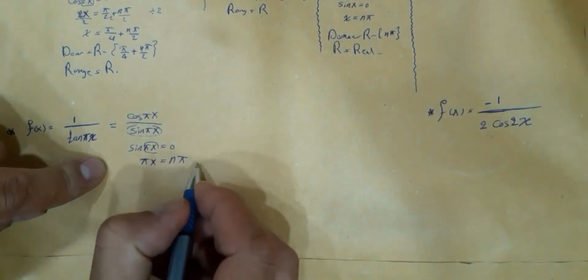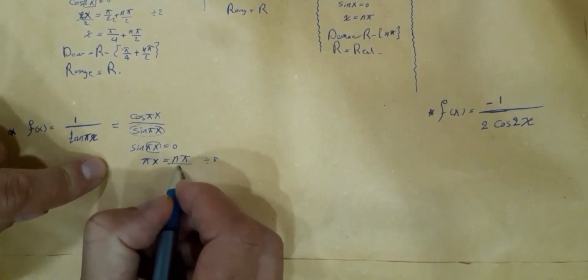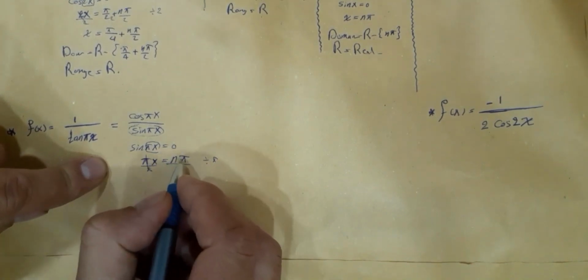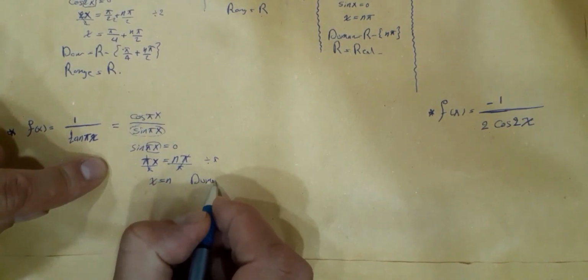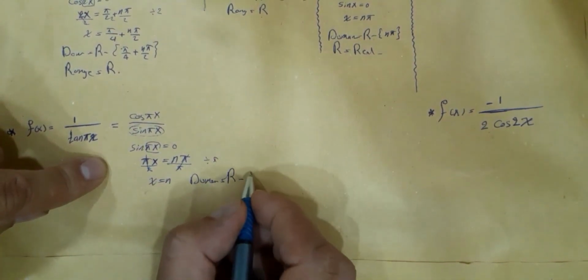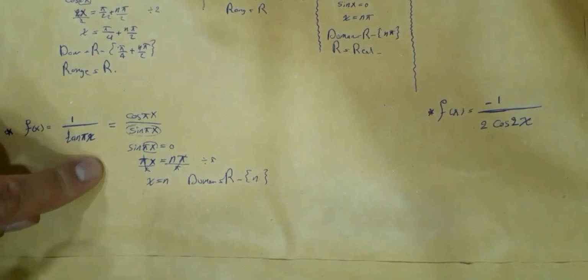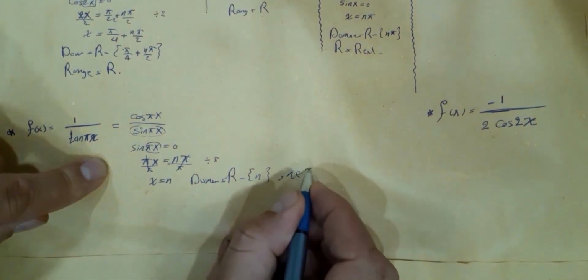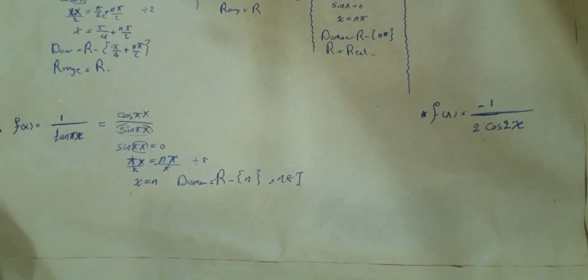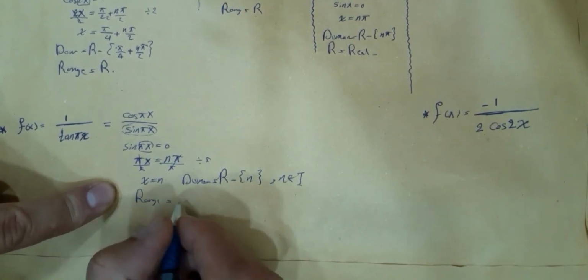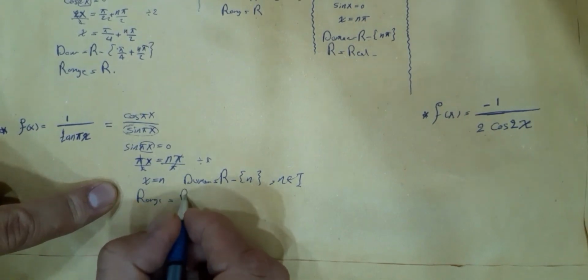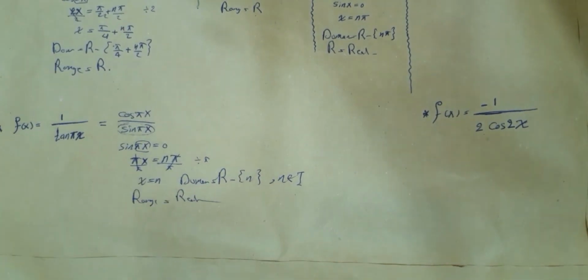For finding x, divide both sides by pi, pi cancels, so x equals n. So domain equals all real numbers except n, where n is an integer. And range is always all real numbers for tan and for 1 over tan.